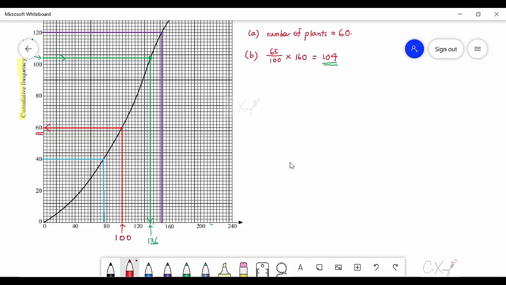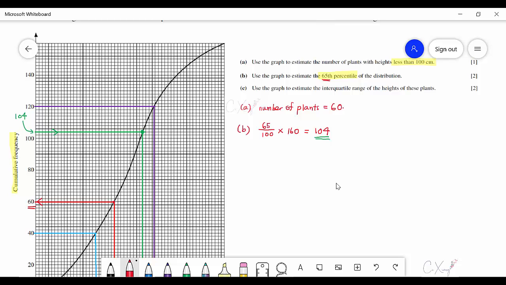You can straight away write out the answer: the height at the 65th percentile is 136 cm. So this is how we do part B.